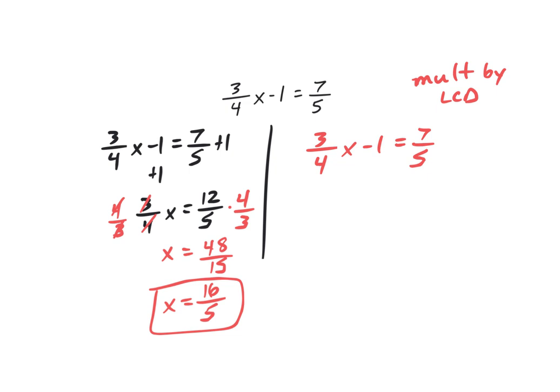What is the lowest number that both 4 and 5 would go into? 20, okay? And so here's what we're going to do. We're going to multiply all parts by 20.